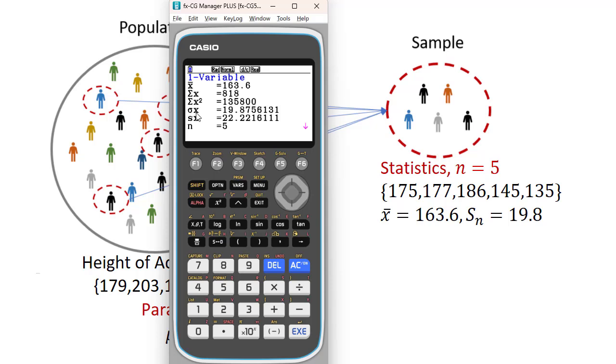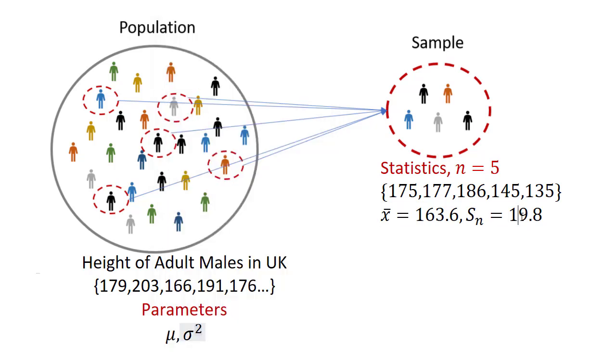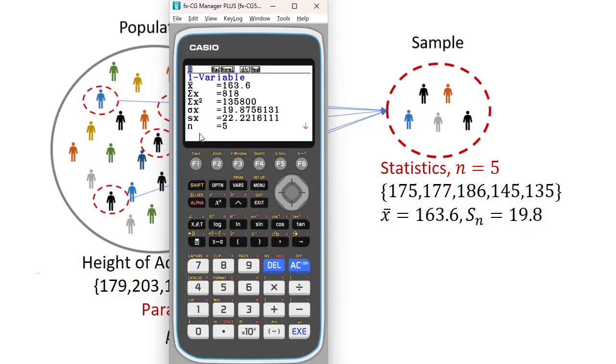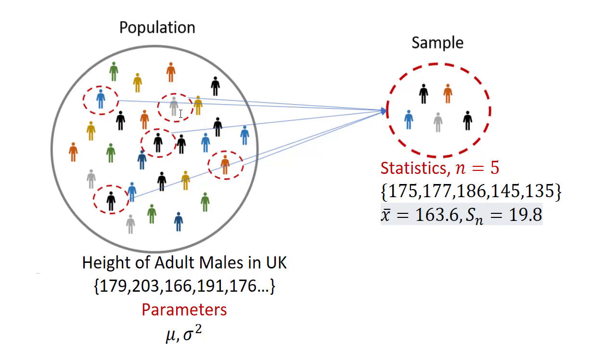Now, of course, we don't know the population. So what we can do is use this number, how varied my sample is, to estimate how varied the population is. And that is called Sn minus 1. And that is also on the calculator. That's what this other one is. Again, the notation isn't correct. 22.2 is a sensible way of estimating the population standard deviation.